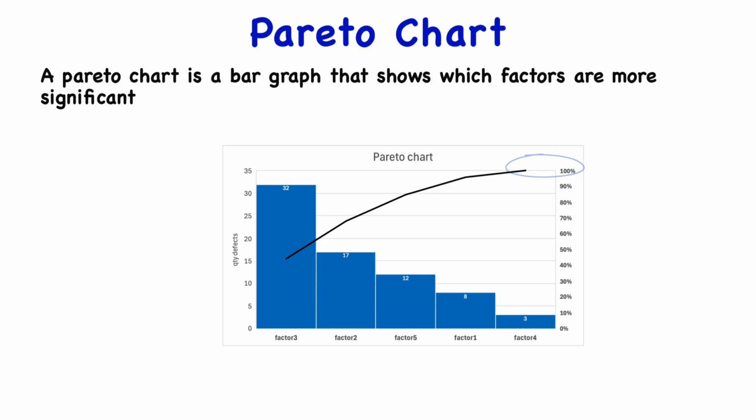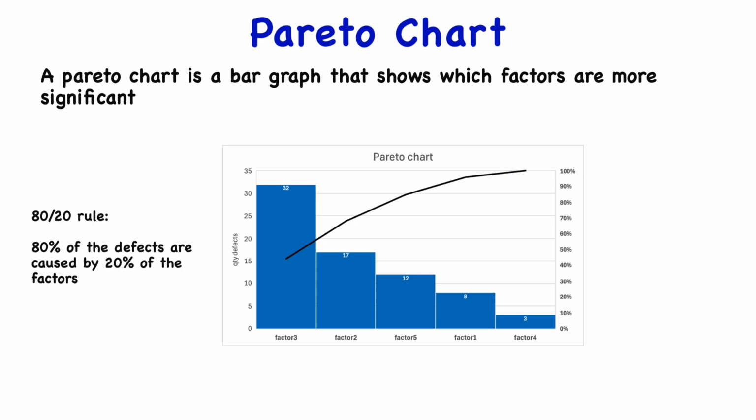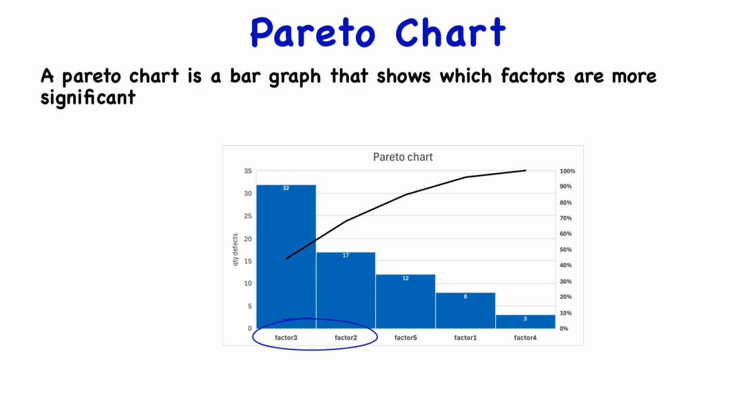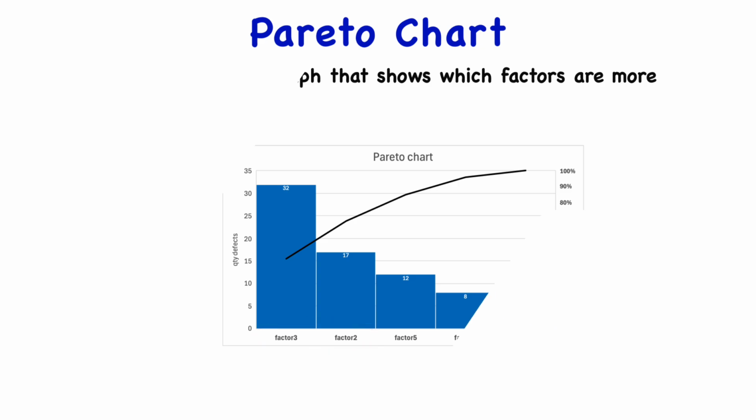A Pareto chart is based on an 80-20 rule, which tells that 80% of the defects are caused by 20% of the factors. This visual tool then will help you to identify what factors you must focus on to have the biggest impact to improve your process.